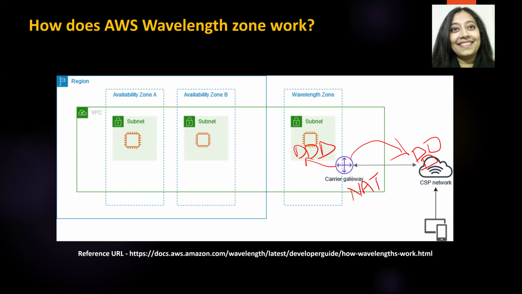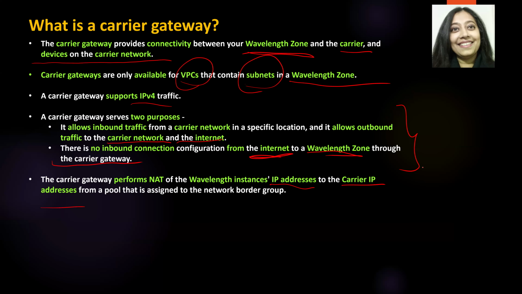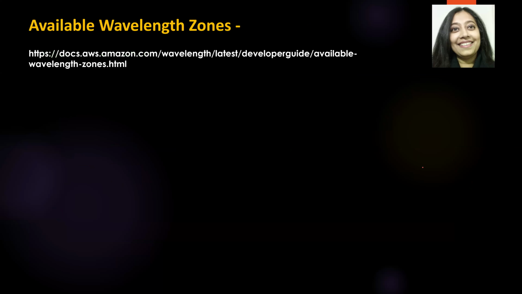So it essentially does the network address translation between the different instances and the IP addresses between your wavelength zone and your CSP network. So hopefully this is clear. Essentially this guy is right in the center, right? He's a gateway, he's a broker, enabling communication between your wavelength zone and your CSP network. So hopefully this is clear.